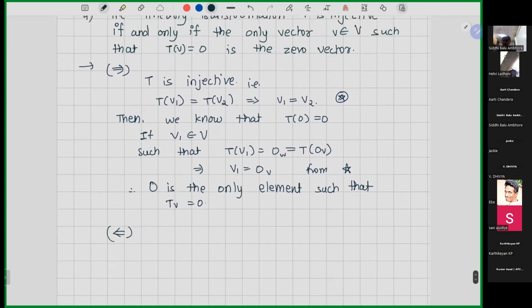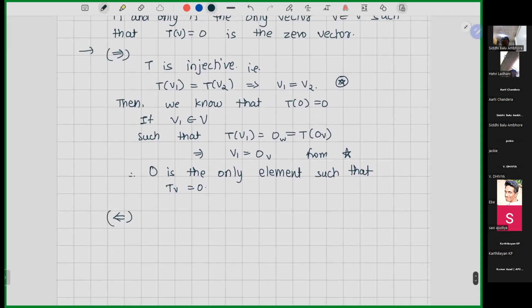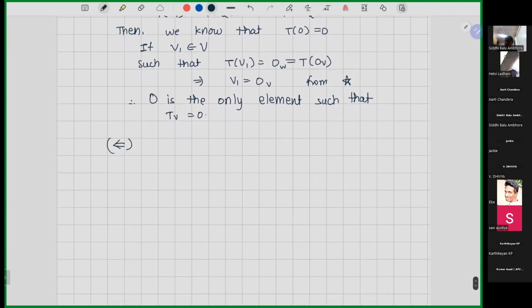Now for the other direction, we are given that 0 is the only element such that T of V is 0. So suppose T is not injective. When I say this, what does that mean?